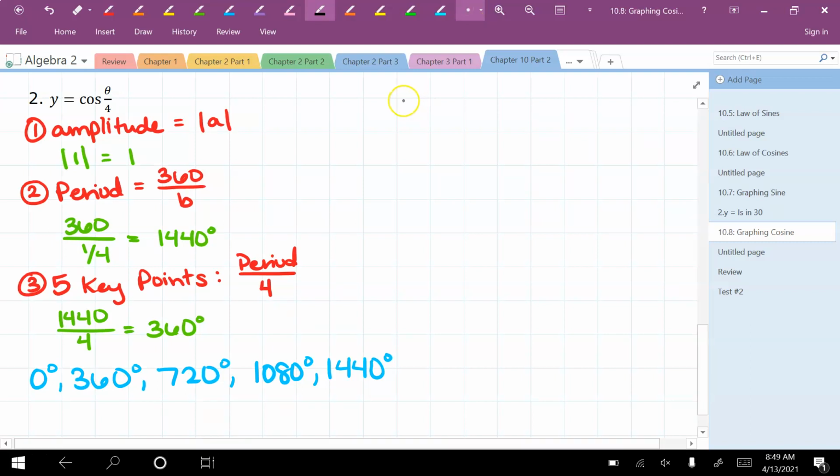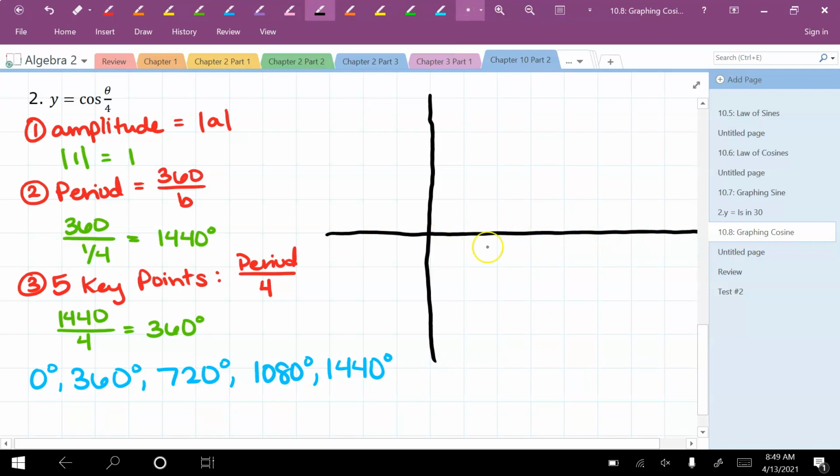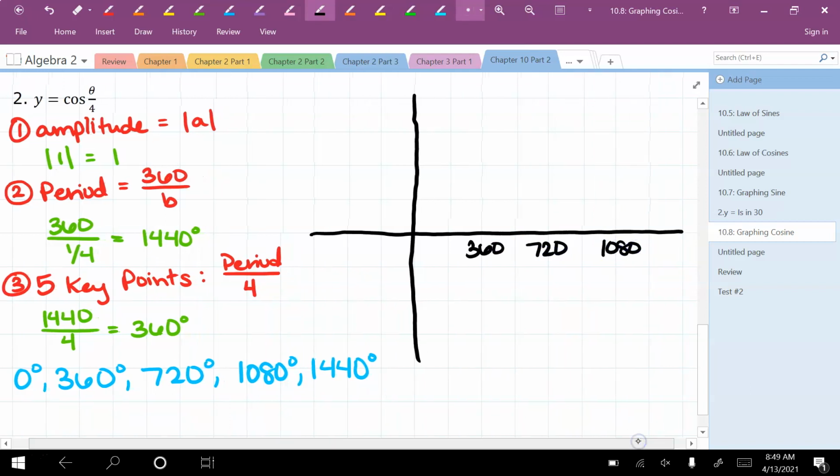I'm not going to relabel this one like I did that last one. And there's really no, that amplitude isn't really stretching it at all. It's going to keep it at all those ones.